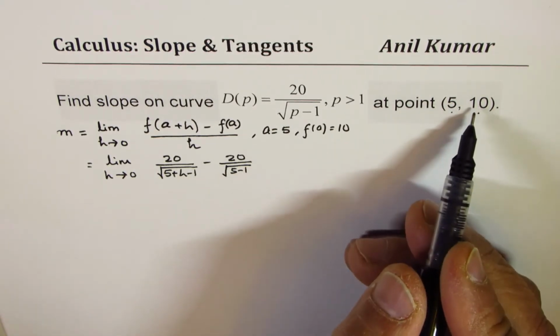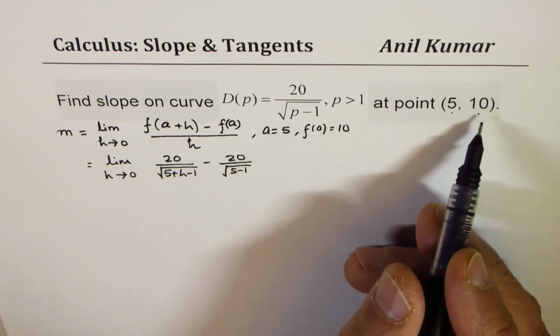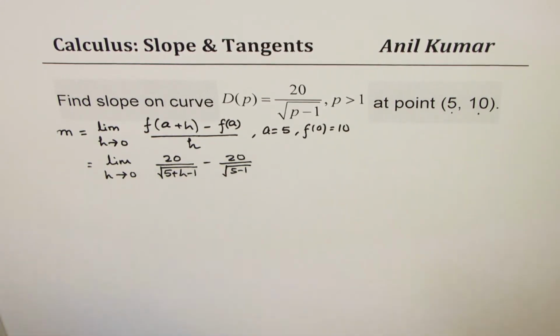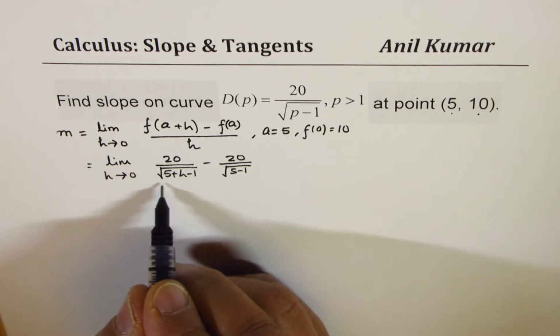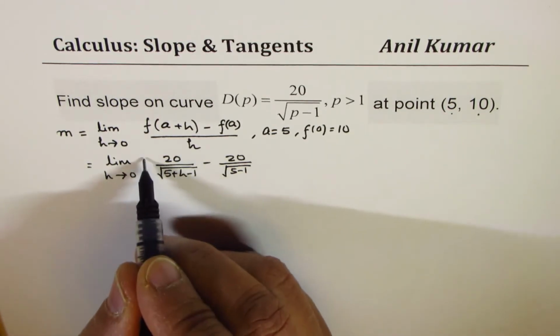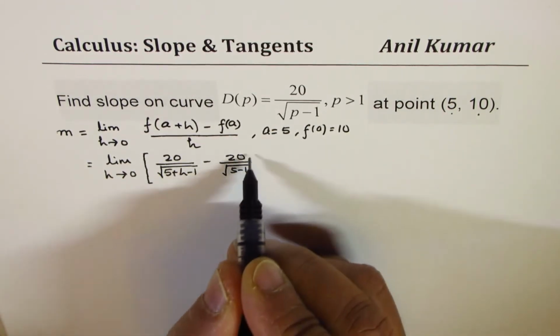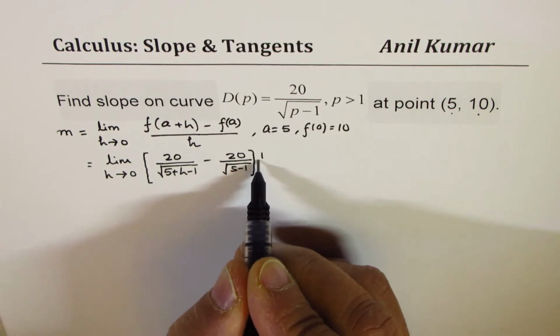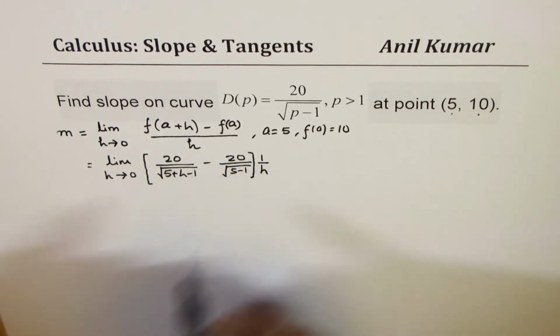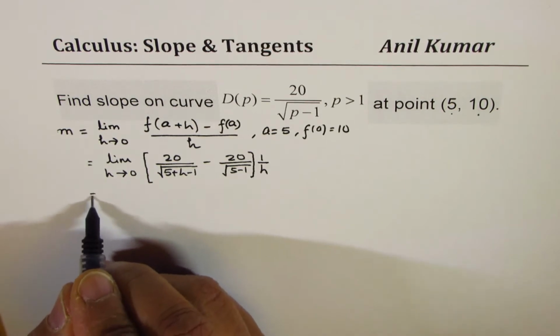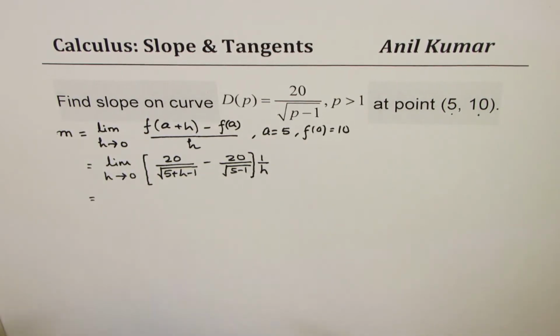I could have written 10 directly also; it is better to write 10. Anyway, everything divided by h. So I prefer to write it outside like this, 1 over h, which means everything divided by h, correct? I'm just trying to save some space.